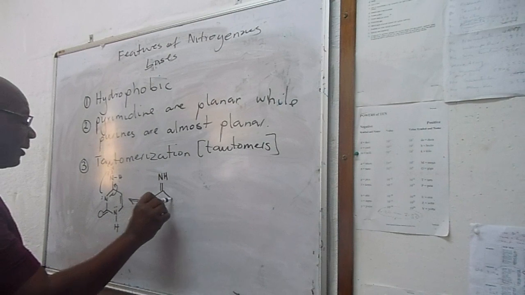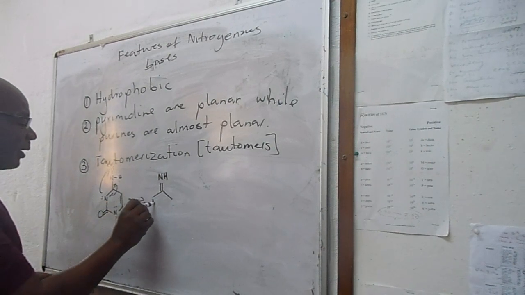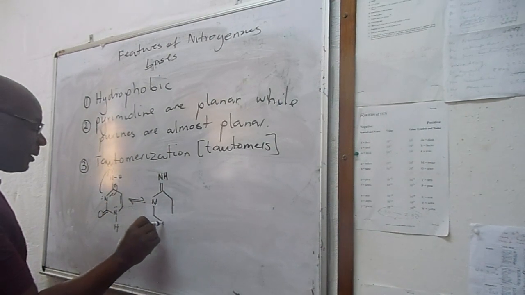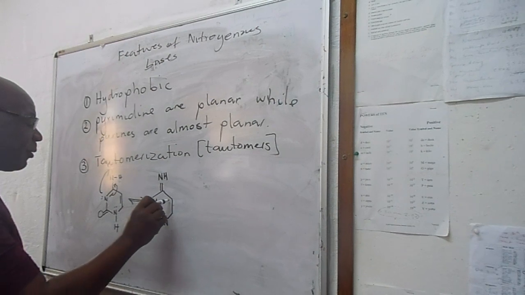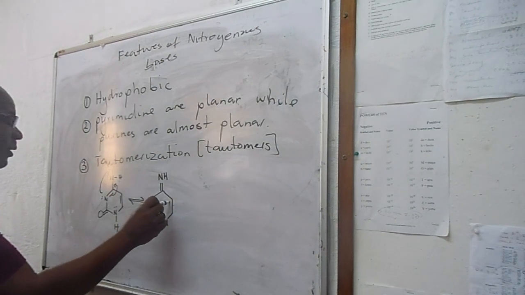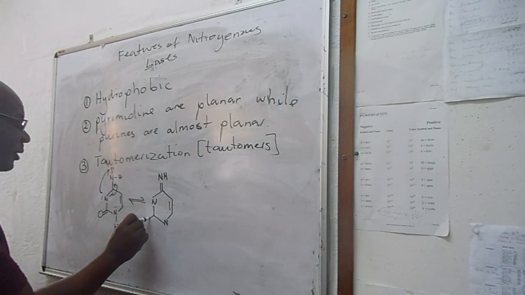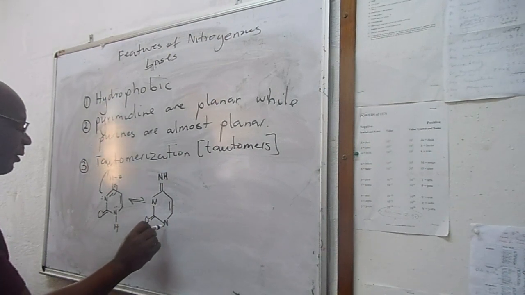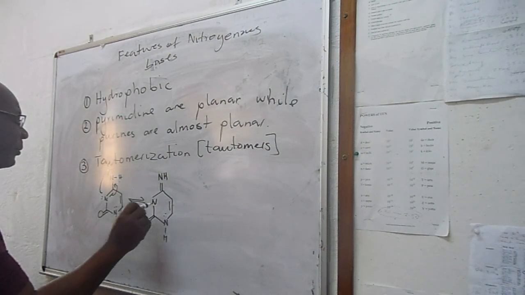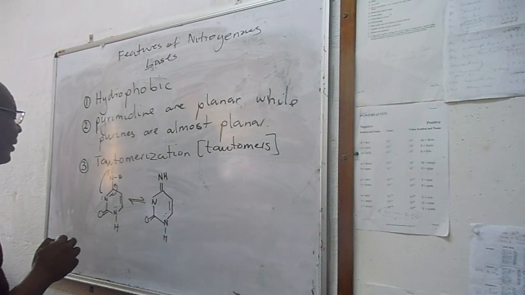The double bond there is lost, and the nitrogen there. It's the same cytosine, except that now it's in a different form, a different structure.